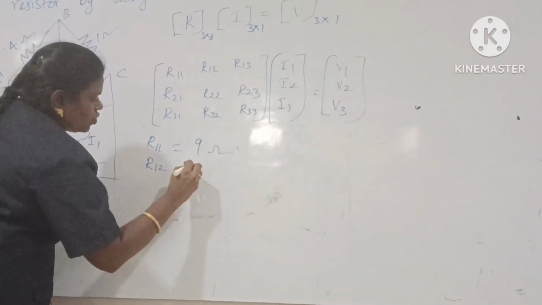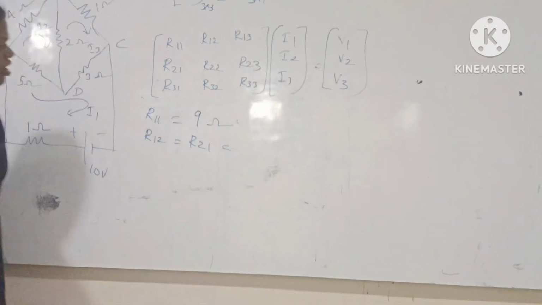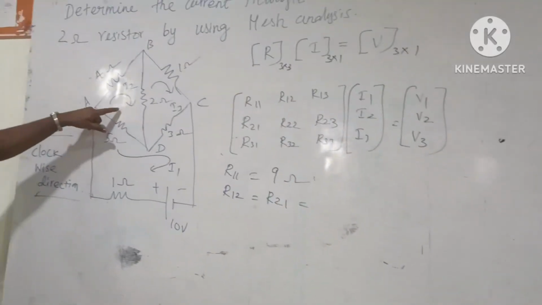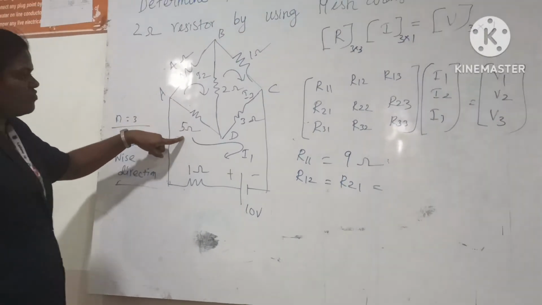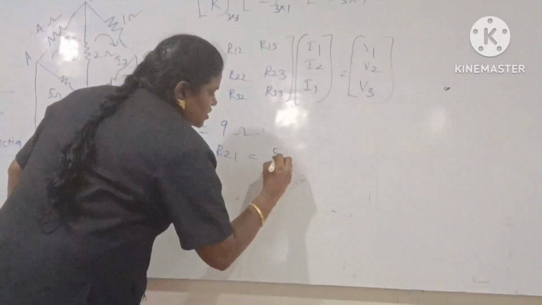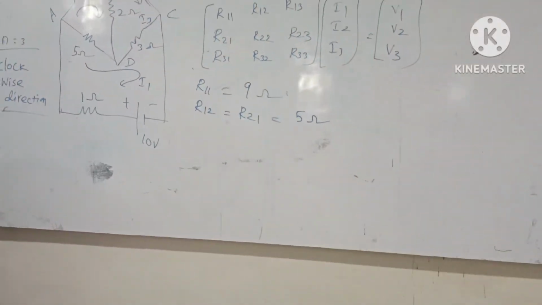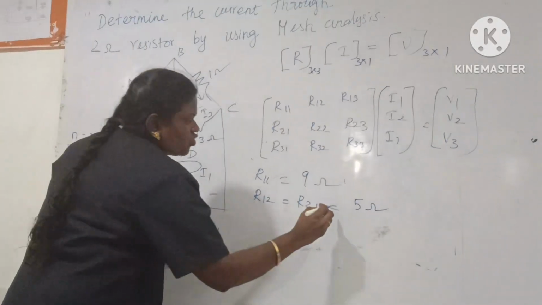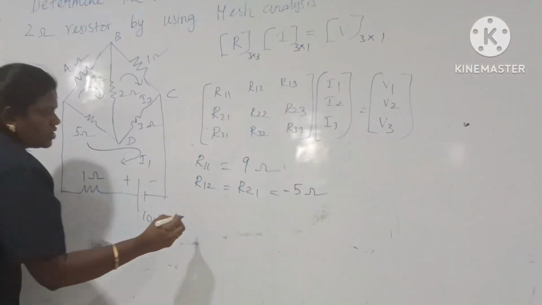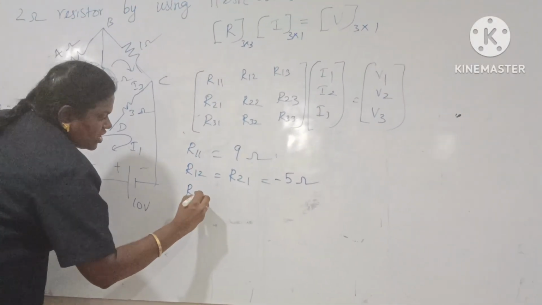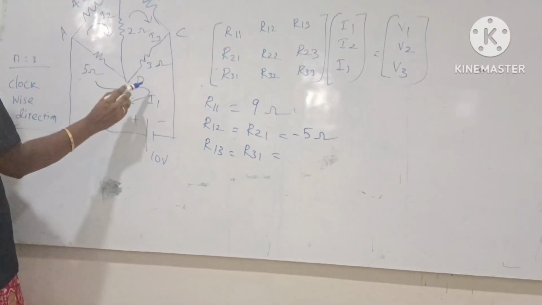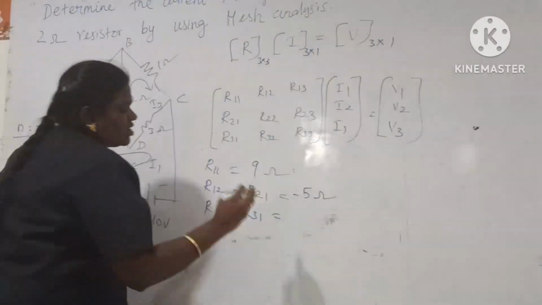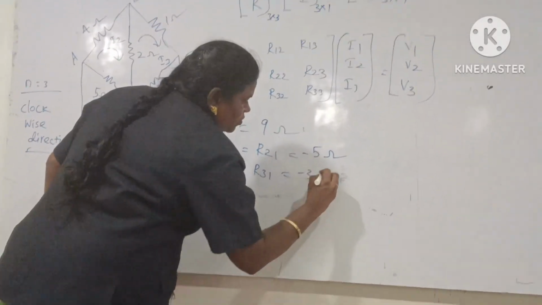Then R12 and R21. Loops 1 and 2 common resistance is the 5 ohm resistor. The current direction is opposite, so you have to put negative. Then R13 is R31, the loop 1 and 3 common resistance, minus 3.